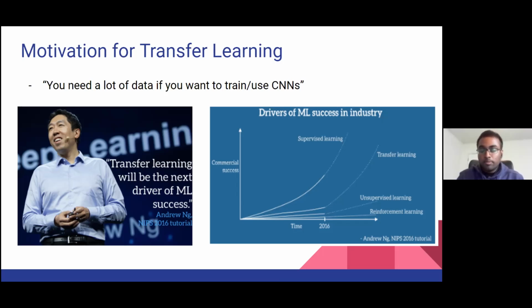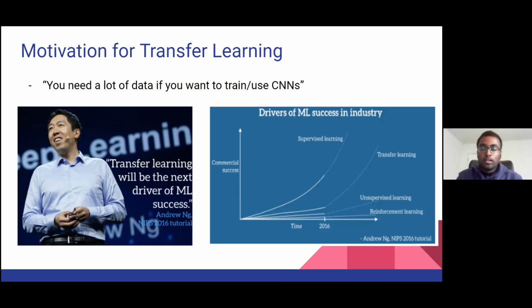Another reason why transfer learning is used is to boost the generalization performance. Whenever a deep learning model is trained on a particular data set, even though the data set might be big, the model tends to overfit on that particular data set.